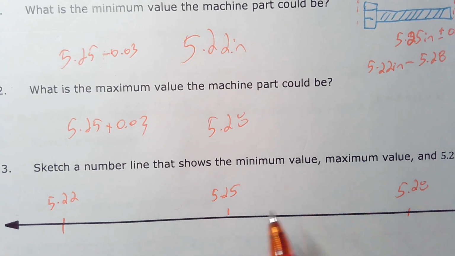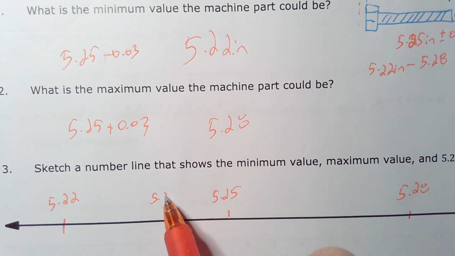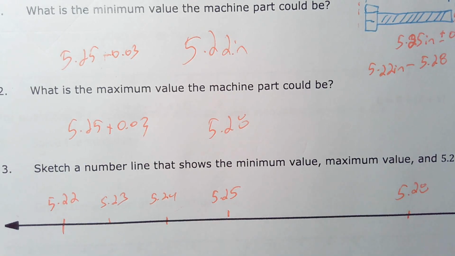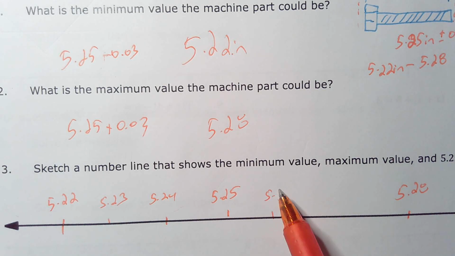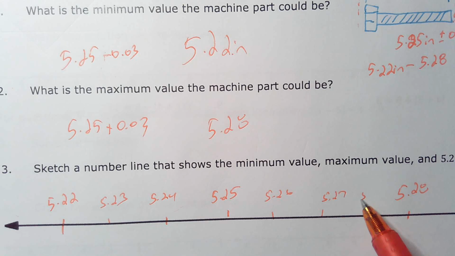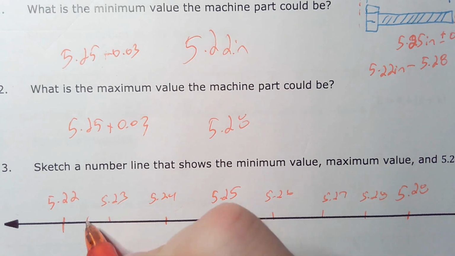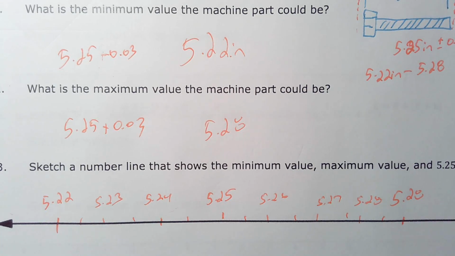So let's see, 5.25, and then it'd be like 5.24, and then 5.23, 5.22. All right, so then we have 5.26, 5.27, and 5.28. Right, so that's what it would look like on a number line with all the different things, and then you could have smaller ones in between, right, if you really wanted to, but that's going above and beyond.